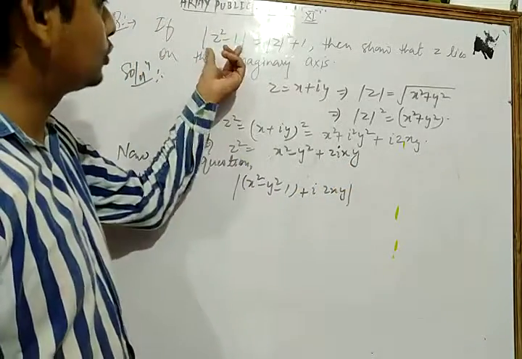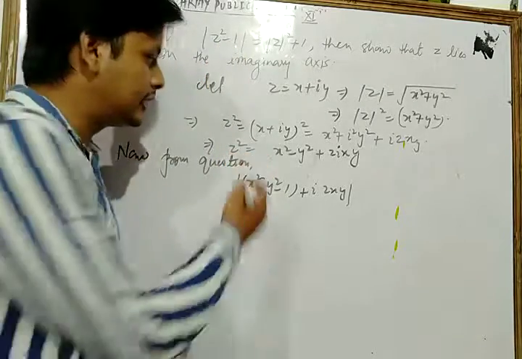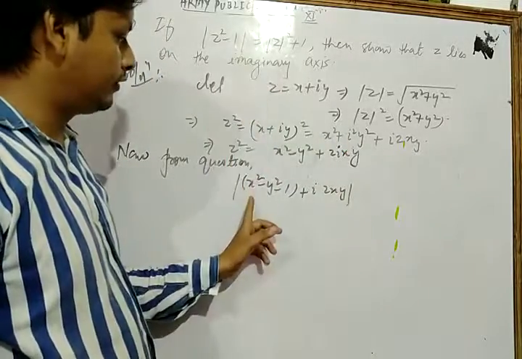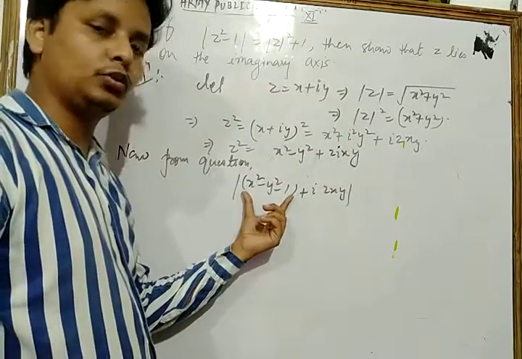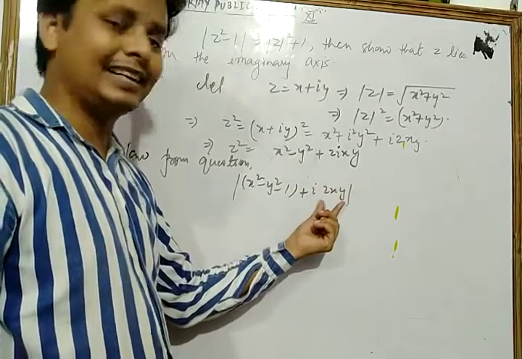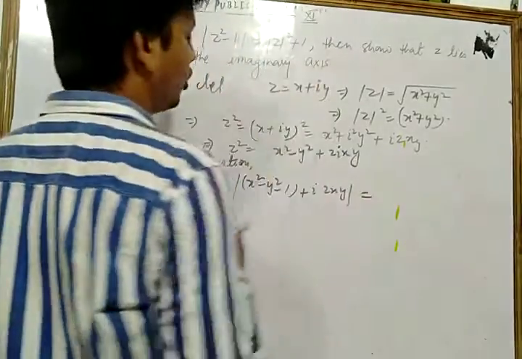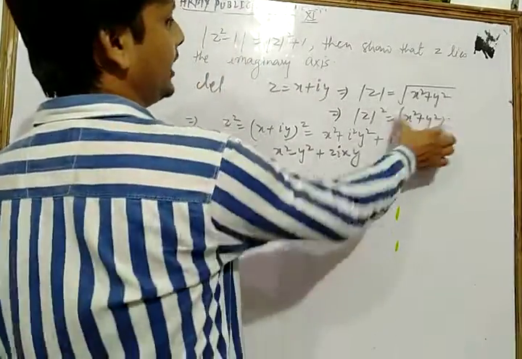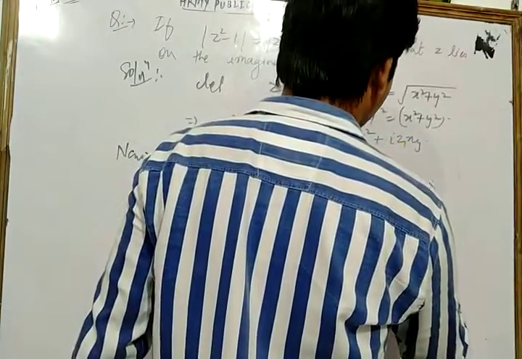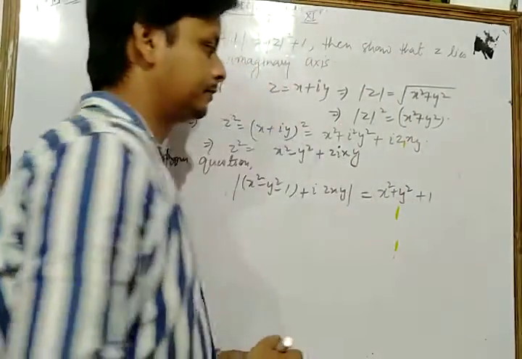In the right hand side, we have mod of z square, and the value of mod of z square is x square plus y square, so we put x square plus y square plus 1.